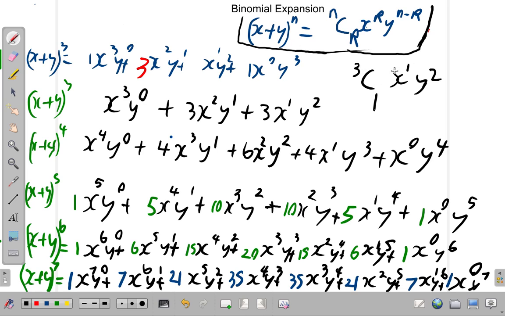3C1. What is 3C1? It is 3 factorial over 3 minus 1 factorial times 1 factorial. Now, 3 factorial is same as 3 by 2 by 1. 3 minus 1 factorial is really 2 factorial. So let's change this to 2 factorial. So here we have 2 factorial times 1 factorial. 1 factorial is just 1. 2 factorial is 2 by 1.